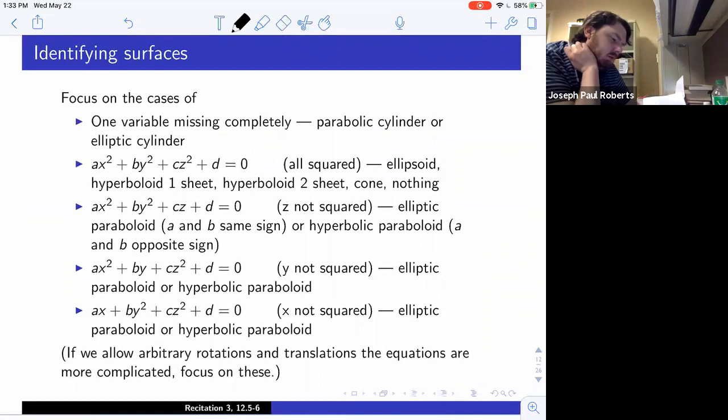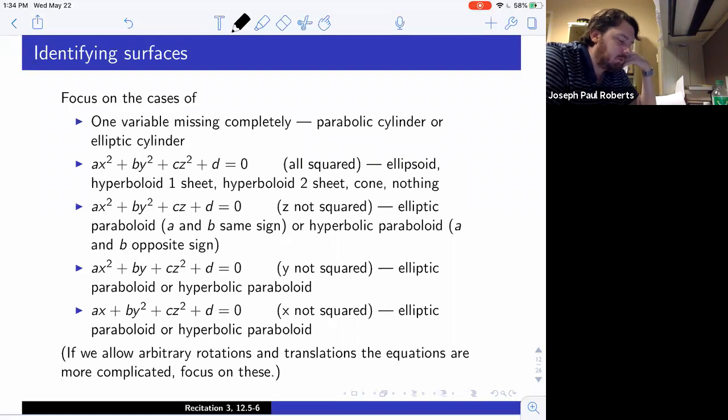So as far as our basic situations go, if we did shifts and rotations arbitrarily, the equations could look a lot more complicated, but we're going to assume that we've put these surfaces into some kind of standard form.